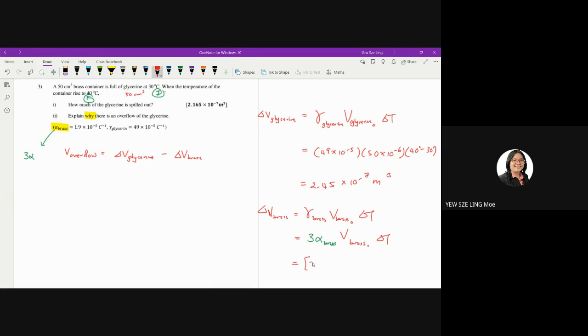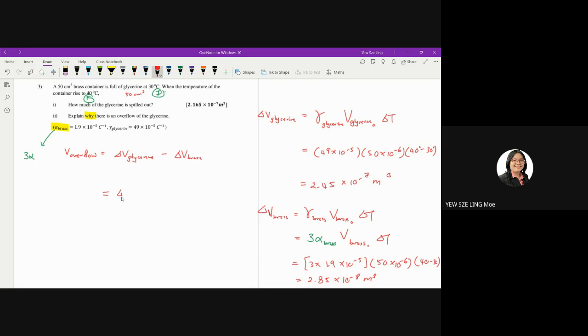Therefore, it is equal to 3 times 1.9 times 10 to the power of negative 5, times V brass initial, 50 times 10 to the power of negative 6, and again the temperature is 40 minus 30 degrees. So the answer is 2.85 times 10 to the power of negative 8 meter cube. From here, you can then determine the overflow.